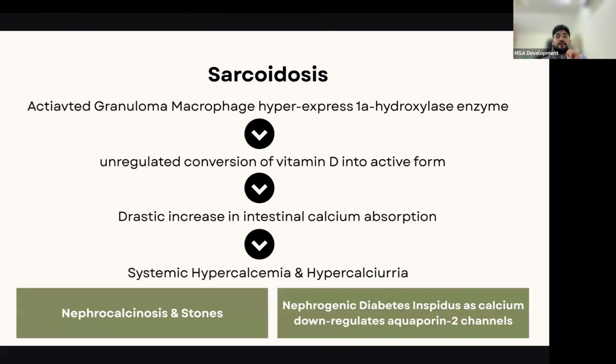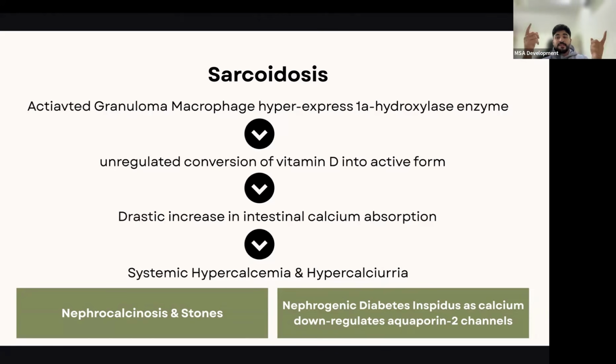Now, this is the first pathway. The second pathway by which it can affect your kidneys is that the macrophages in the granuloma are going to express 1-alpha hydroxylase enzyme in a crazy way.